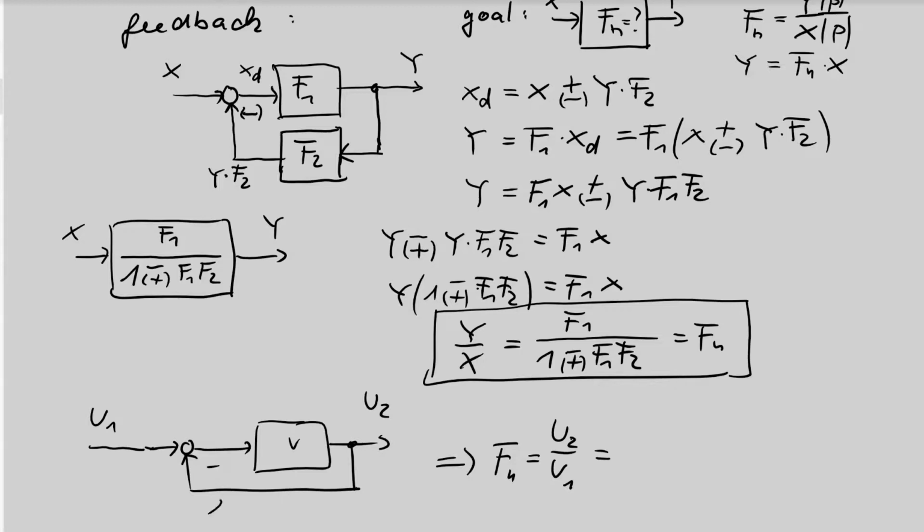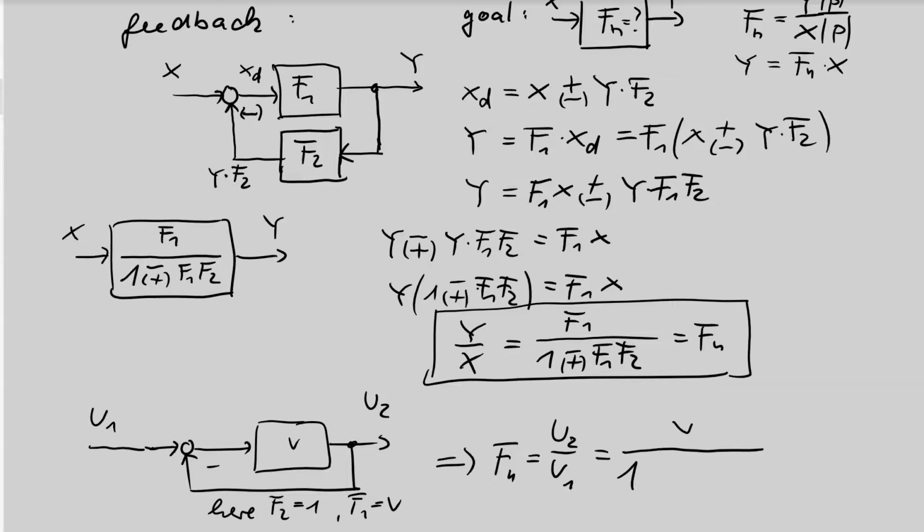Yeah, here you can say F2 is 1, F1 is V. So we can directly write down the resulting function: the forward block from U1 to U2 is V, the feedback block is 1, and the denominator starts with a 1, always with a 1.